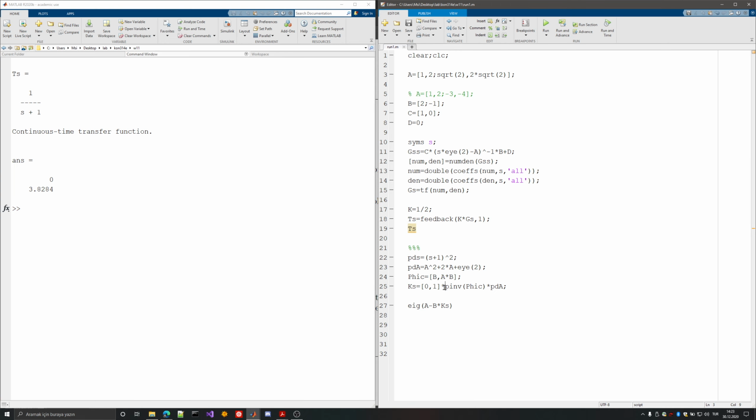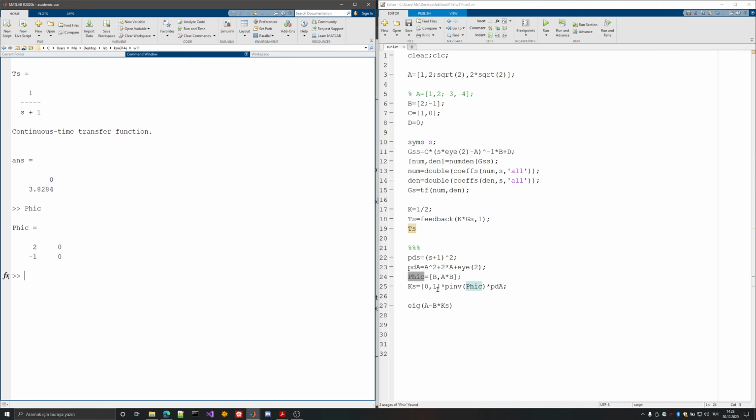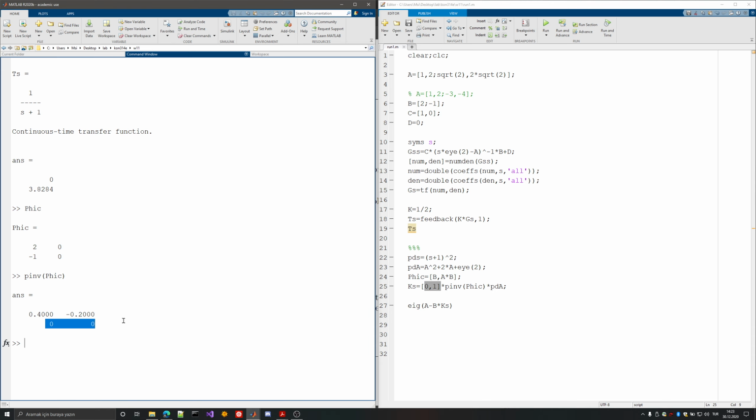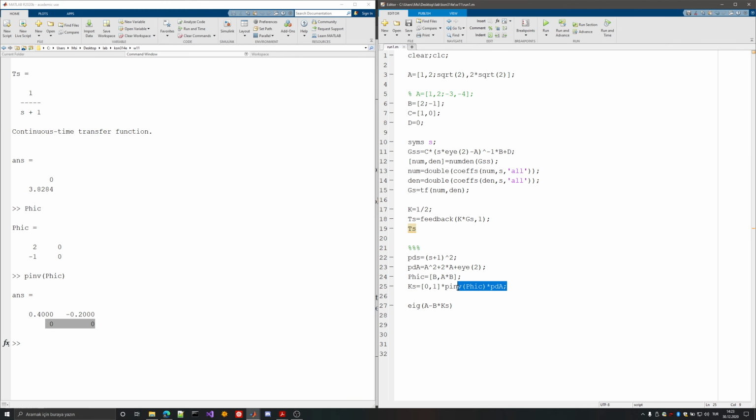So now phi c is this. If I have P inverse phi, I get this here, which is basically a... Oh, I see now the problem here. This is 0, 1, so it takes the last row here. So that's the reason why it doesn't work.